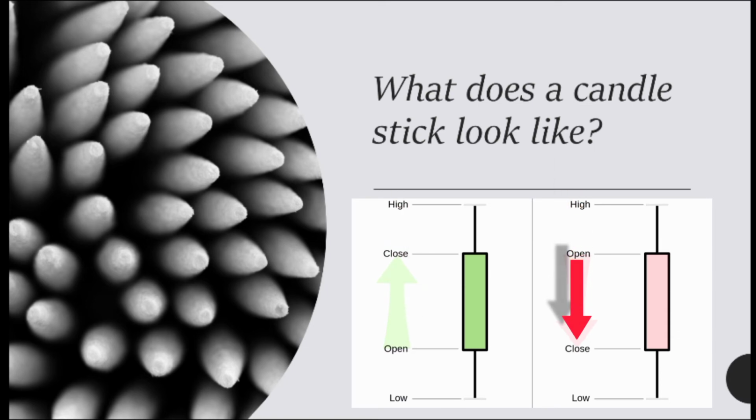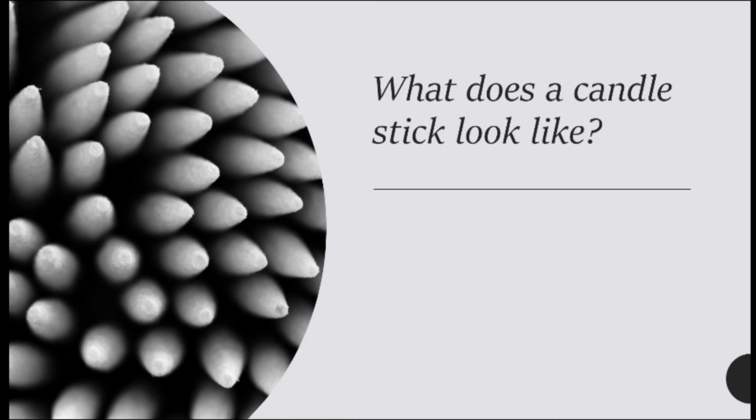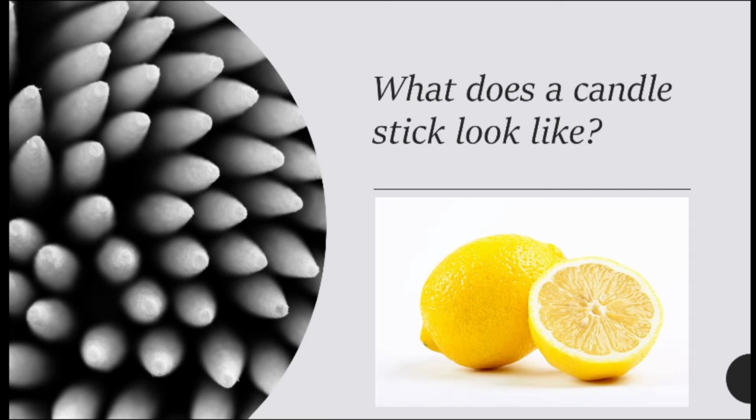So here is a scenario. Let's think of the candlestick as the price of a lemon, okay? Essentially, let's pretend our open price for the lemon, or in other words, the price at which we set out to sell the lemon, is say $1.